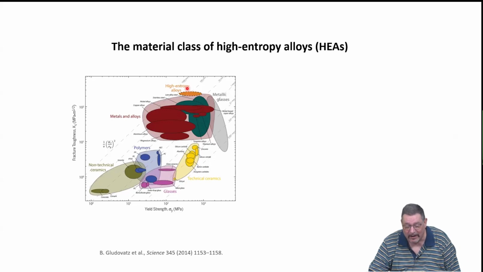And you see high entropy alloys are on top of all this, so they are a very ideal mechanical structural material. You also see a dashed line surrounding this region because we don't know yet. We don't know all the details. There are some investigations which have shown that some of the high entropy systems are in this region.